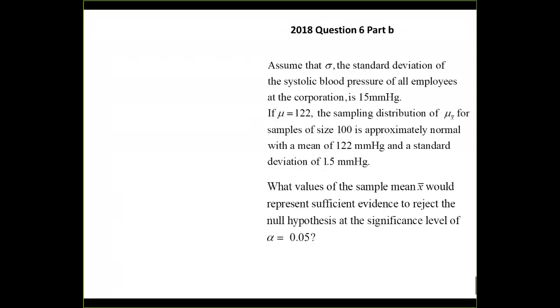What values of the sample mean, x bar, would represent sufficient evidence to reject the null hypothesis at the significance level of 0.05? So we have a sampling distribution with a mean of 122 and a standard deviation of 1.5.